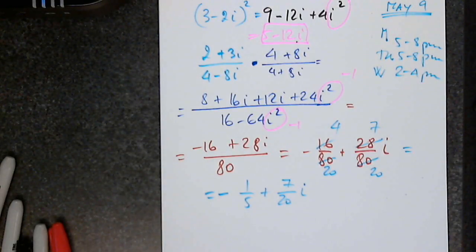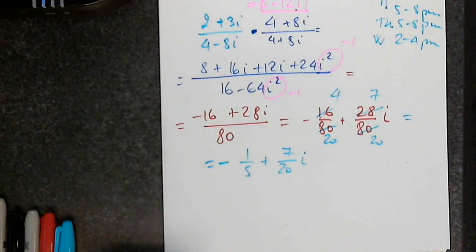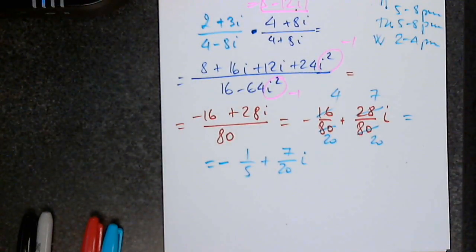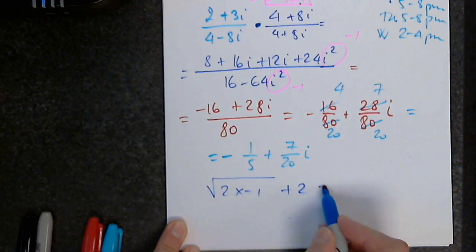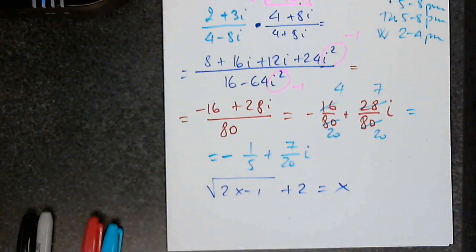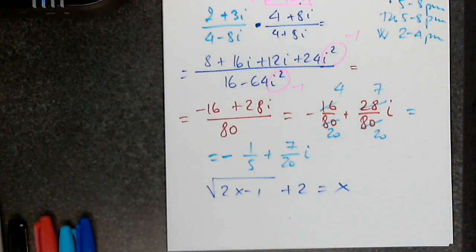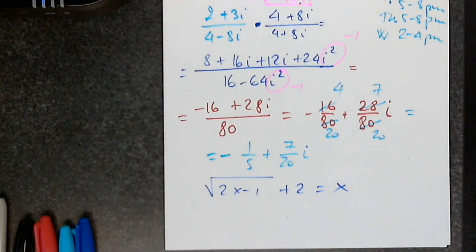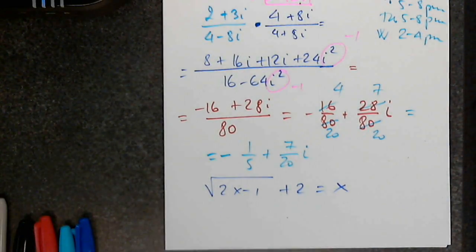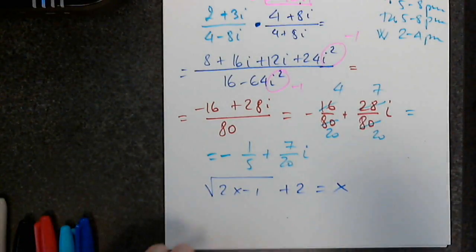Okay, do I choose then? Okay, so let's look at a radical equation. The square root of 2x minus 1, plus 2, equals x. How do I solve this radical equation? What would be the first step? Of course.